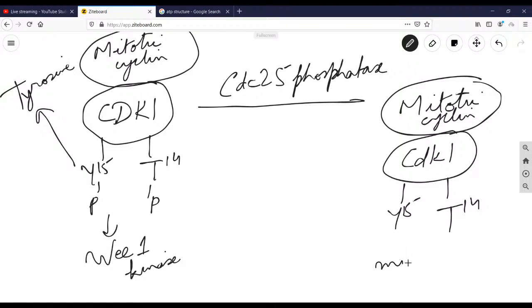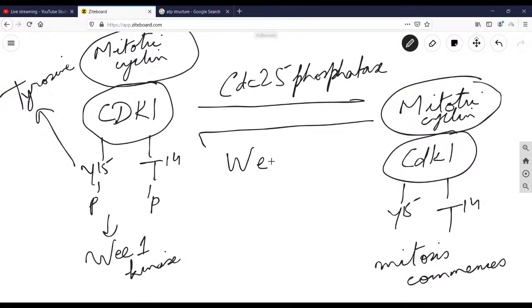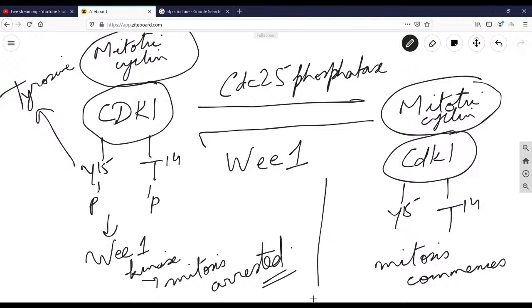Now mitosis commences. But if you have V1 that will phosphorylate, mitosis is arrested, means mitosis will not commence. Okay, so this is the way that you shift from S slash G2 to the M phase.